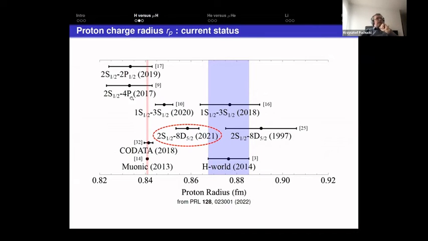The first one is Eric Hessels, another is Garching, and there's also Garching. And also there's a recent measurement in the States. I don't remember exactly the laboratory. It indicates that rather the smaller proton charge radius is preferred, and because of that, CODATA has assumed that the muonic hydrogen value is correct and then adjusted the fundamental constants to the muonic hydrogen value.